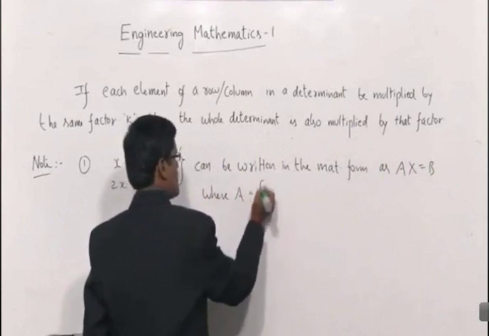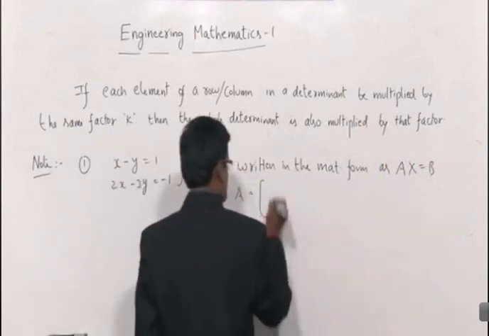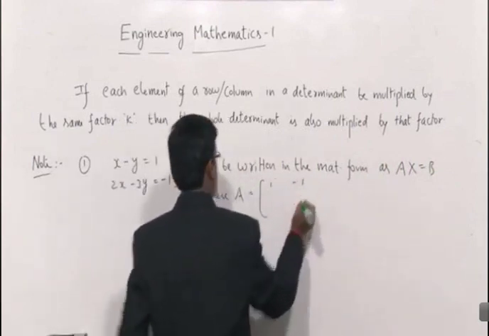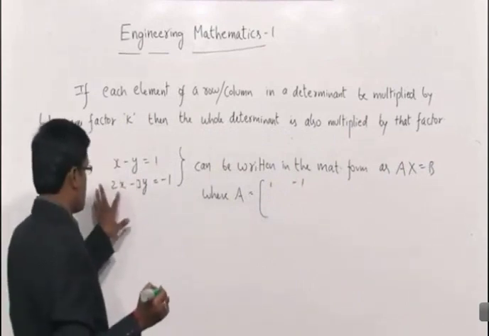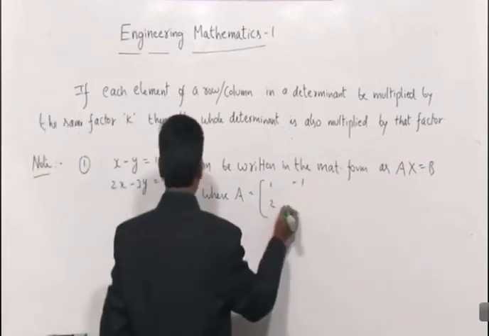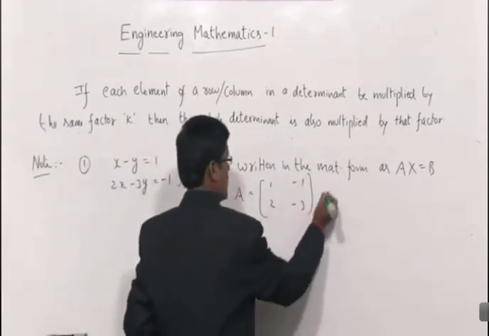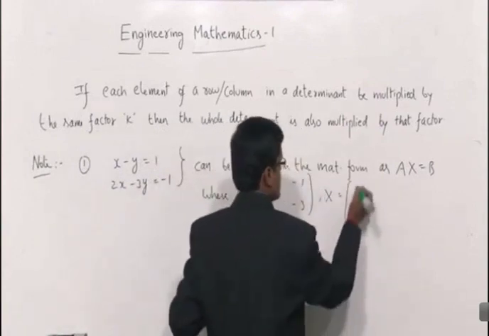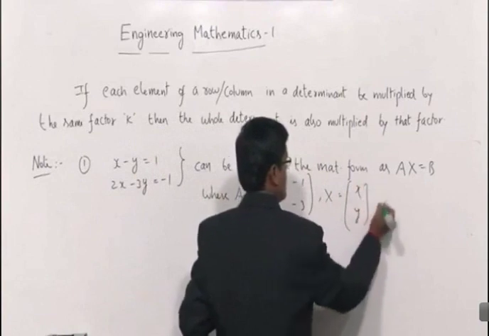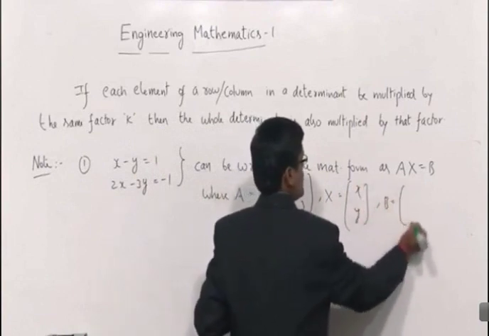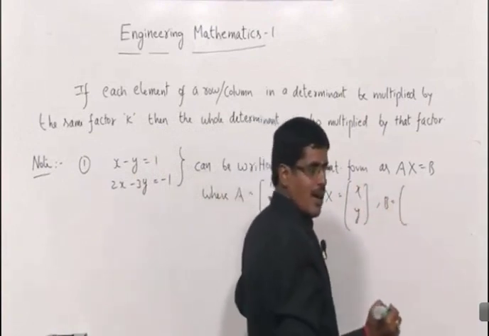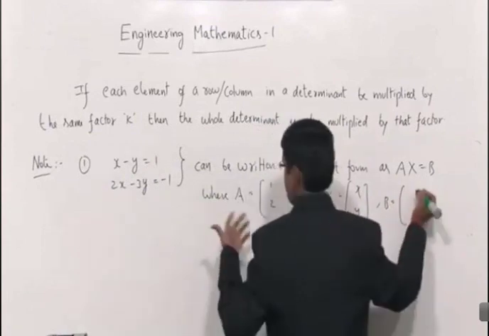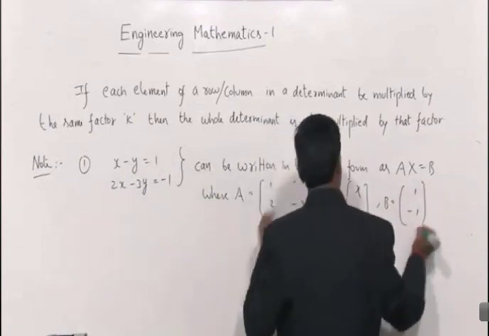It is the coefficients of all unknowns from all the equations: 1 minus 1, x coefficient, y coefficient, including sign. In the second row, second equation, 2 minus 3. What is x? A column matrix containing all variables or unknowns of the equation, that is x and y. What is B? It is the values on the RHS of the given equations: 1, minus 1.